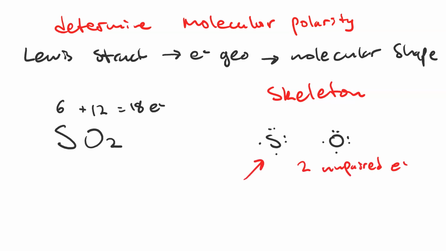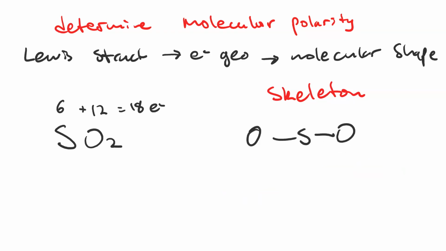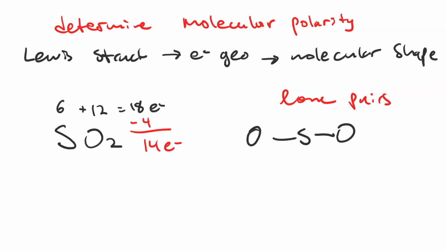But sulfur has a lower electronegativity, so sulfur will be the central atom. So there is our skeleton. Our skeleton contains 2 single bonds for a total of 4 electrons, which we subtract, and we have 14 electrons left over. 2, 4, 6, 8, 10, 12, 14.